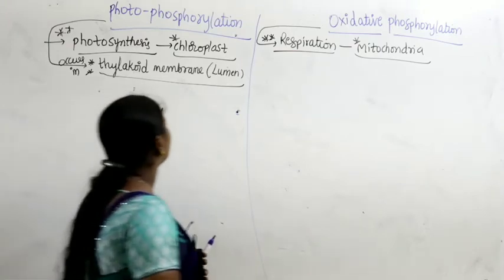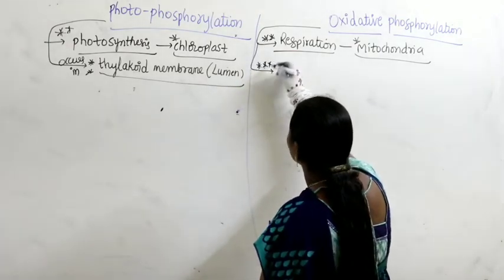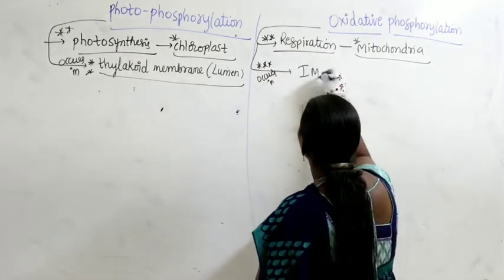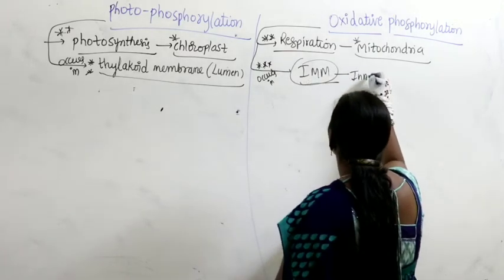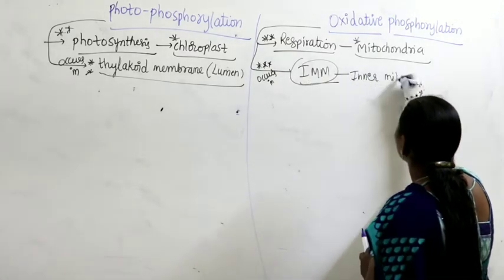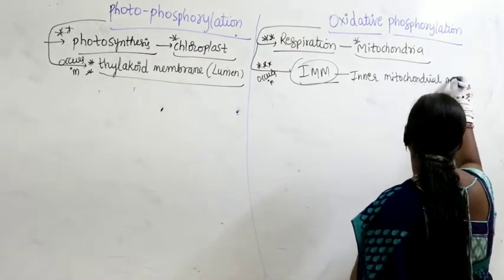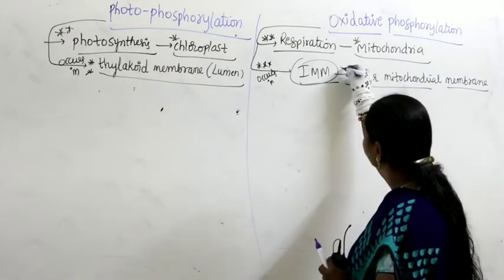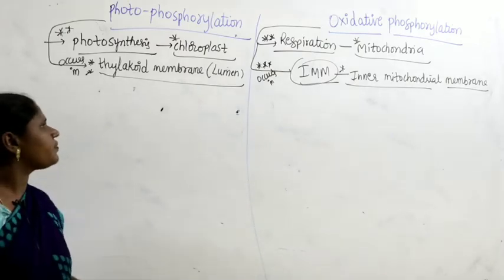Where does oxidative phosphorylation occur? It occurs in the inner mitochondrial membrane. What is this IMM? Inner mitochondrial membrane. See, in both cases a membrane is there, right? So very clear differences you can make out.